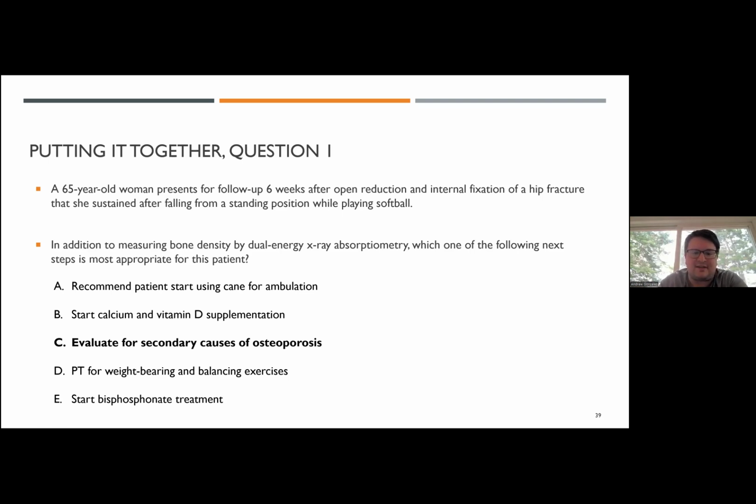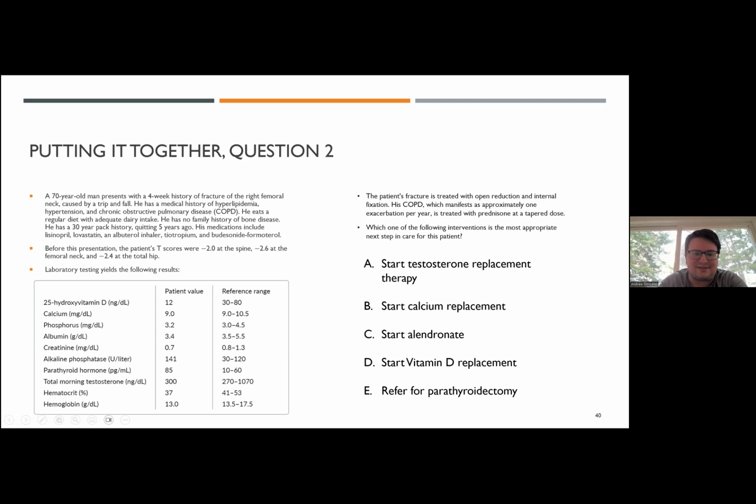And then the second question, it's a little bit more involved, but it's the last question. Cutting to the point, we have a person who is coming in for a femur fracture after a trip and fall. They have a medical history including COPD, adequate dairy intake, no family history of bone disease, and are a previous smoker but quit 5 years ago.